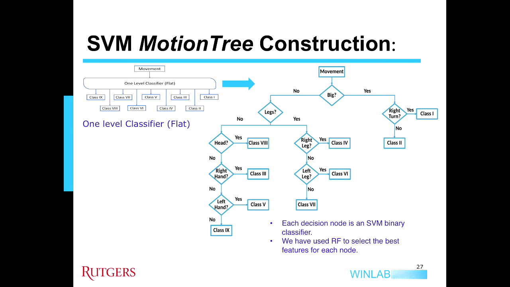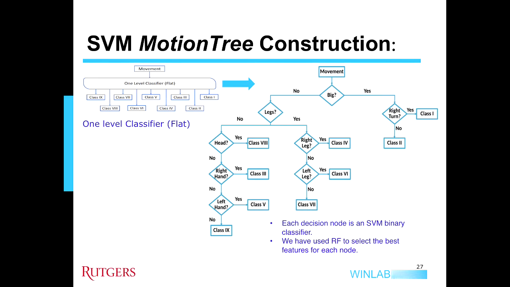We're starting with SVM. As I said, SVM is very good in binary classification. So to classify every movement into the 9 classes that we already defined, we're using one flat classifier, one level of classifier. The accuracy was 62, 63, which was very bad.